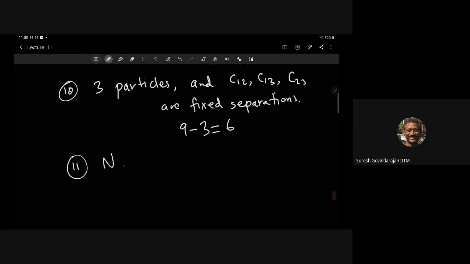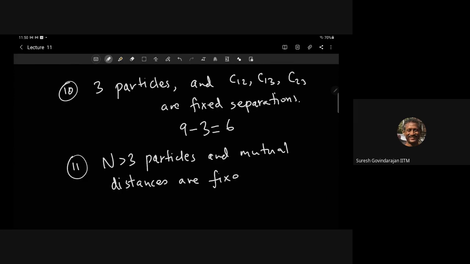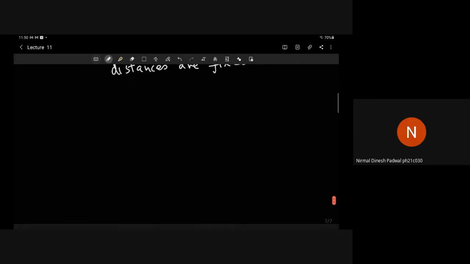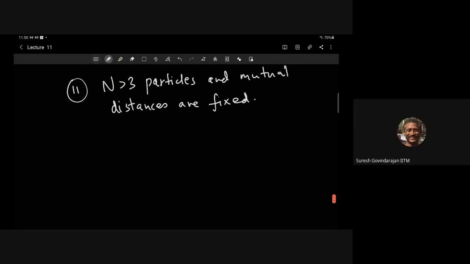N particles, and mutual distances are fixed. So how many degrees of freedom? 3n minus NC2.